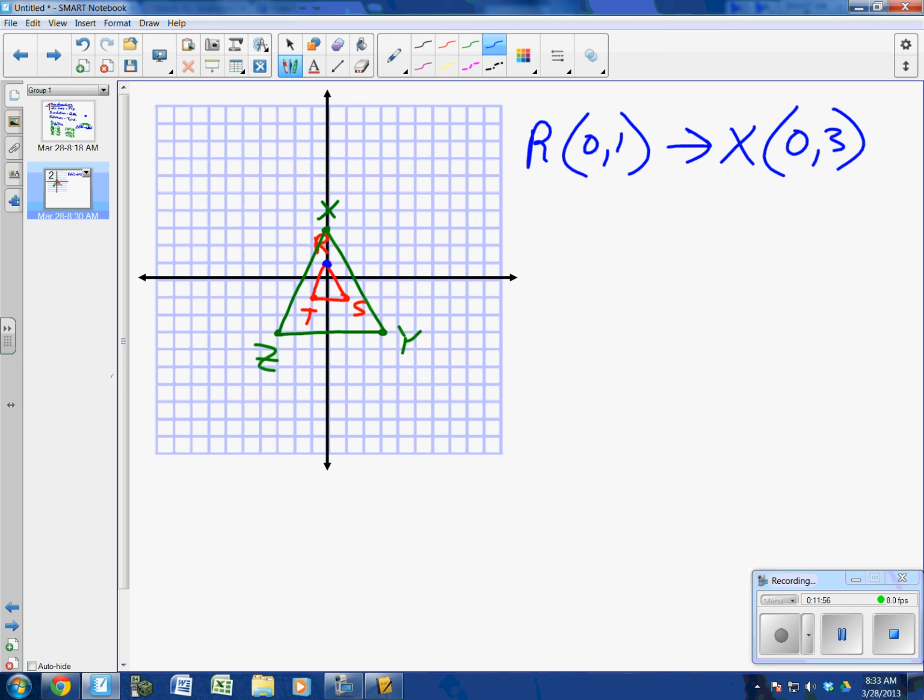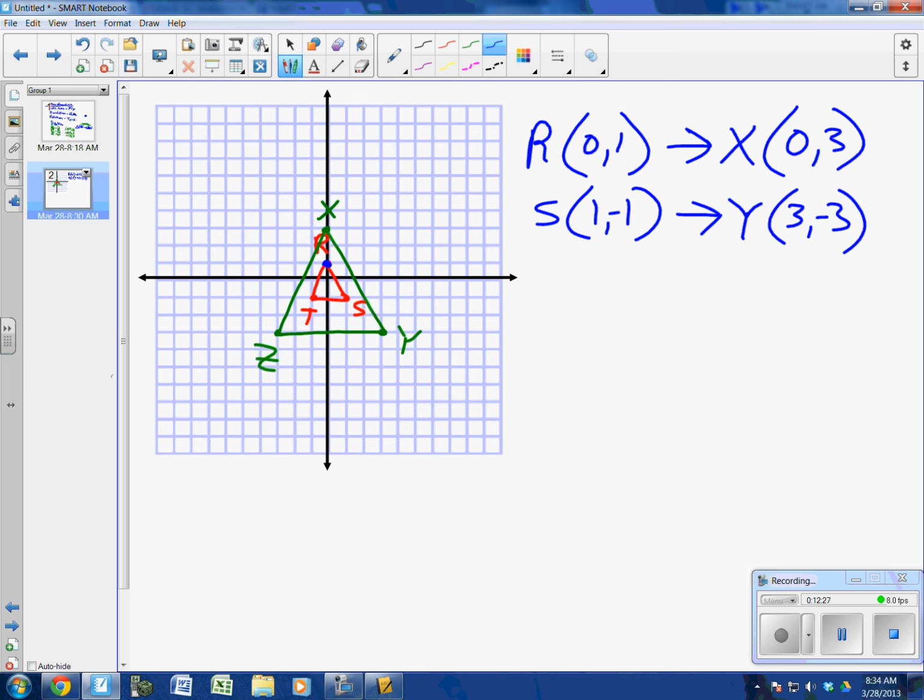Okay? Let's do S to Y. S is at where? And it goes to Y, which is where? What do you think? How many of you got that one right there? (1, -1) to (3, -3).